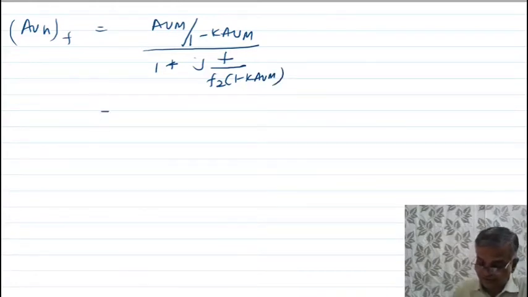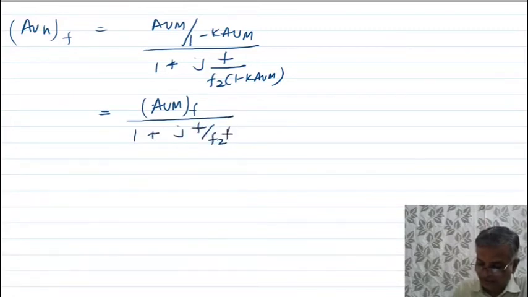So this is nothing but AVM with feedback upon 1 plus jf upon f2 dash, where f2 dash is called the upper cutoff frequency of the amplifier with feedback.